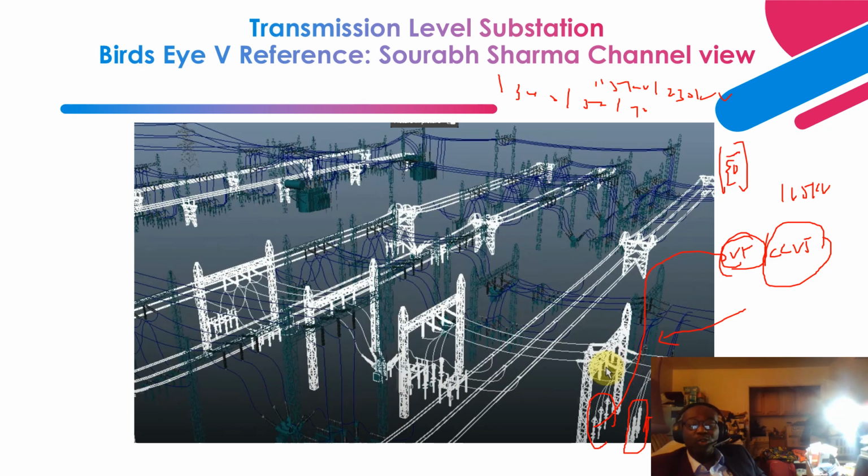That little transformer steps down the voltage to either 115 or 69 volts to be used by metering and protective relays. So this one provides voltage signals to your metering circuits and your protective relays to monitor activity in the substation.